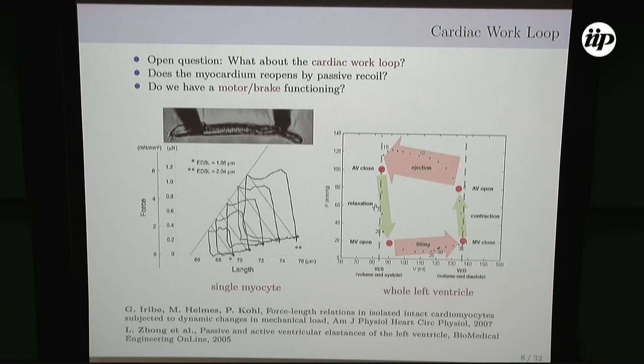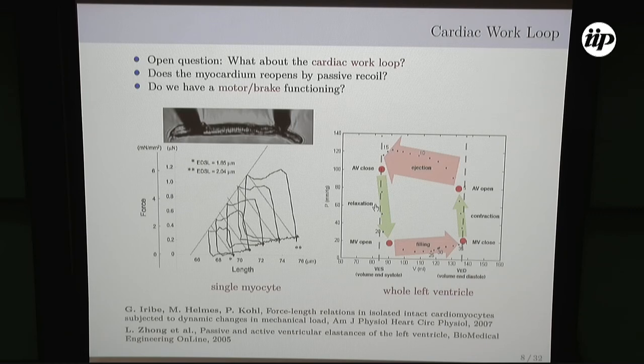How is it possible? A simple explanation is that it is the blood pressure, because there's blood flowing from the systemic circulation, and so the blood pressure is enough to inflate this balloon. I have a lot of doubts about this, because the blood pressure is very low.